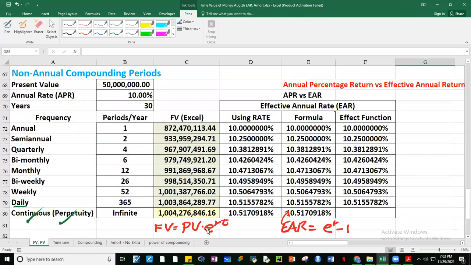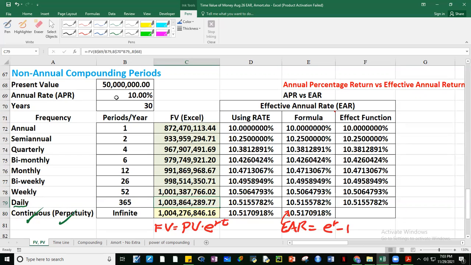So here we were able to show that indeed, yung continuous compounding, yung perpetuity, yun ang pinakamalaki na future value. Okay? Now, since magkakaiba yung future values nila, dapat magkaiba yung effective annual rate nila. Kung sino mas malaki na future value, mas malaki dapat yung rate of return yan. Ang tawag natin dyan, effective.